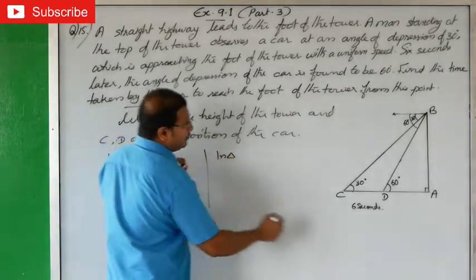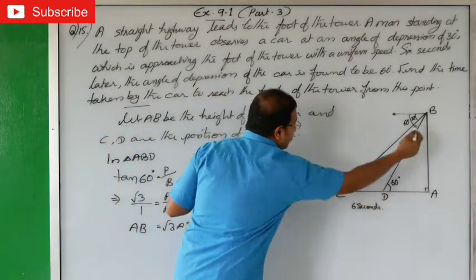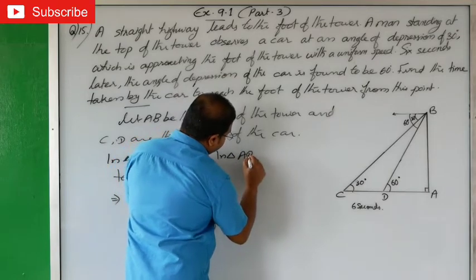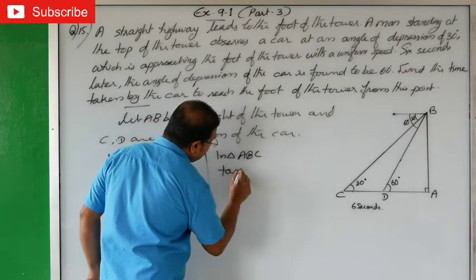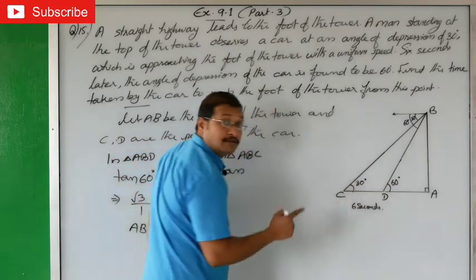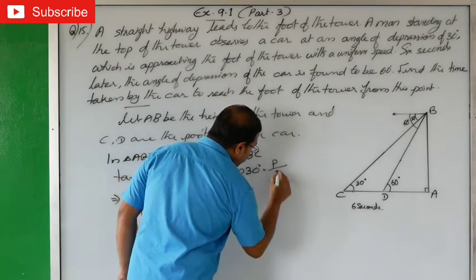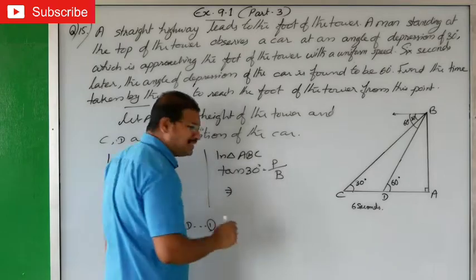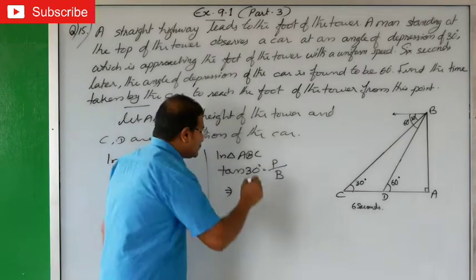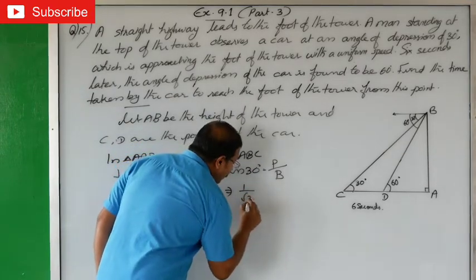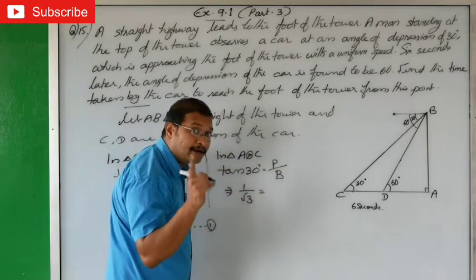In triangle ABC, tan, what will be the angle here? 30 degree. Perpendicular by base implies. What is the value of tan 30? Yes, 1 by root 3. Don't forget to learn by heart the table.